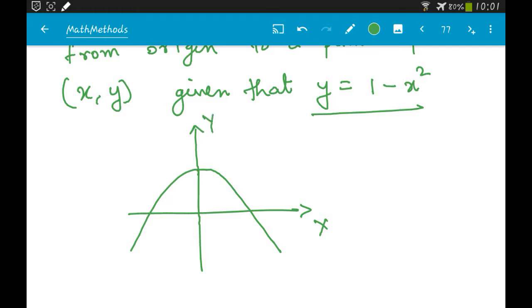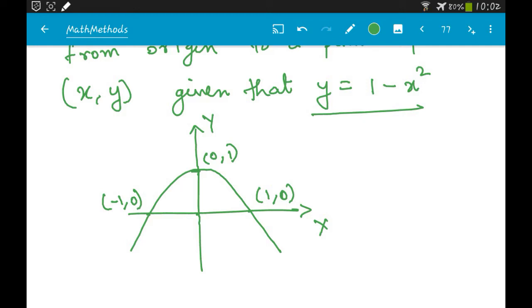When x is 0, then y is going to be 1, so this point is (0, 1). And when y is 0, then x is going to be either plus 1 or minus 1, so this point is (1, 0), and this point is (-1, 0). Alright, so this is your graph.